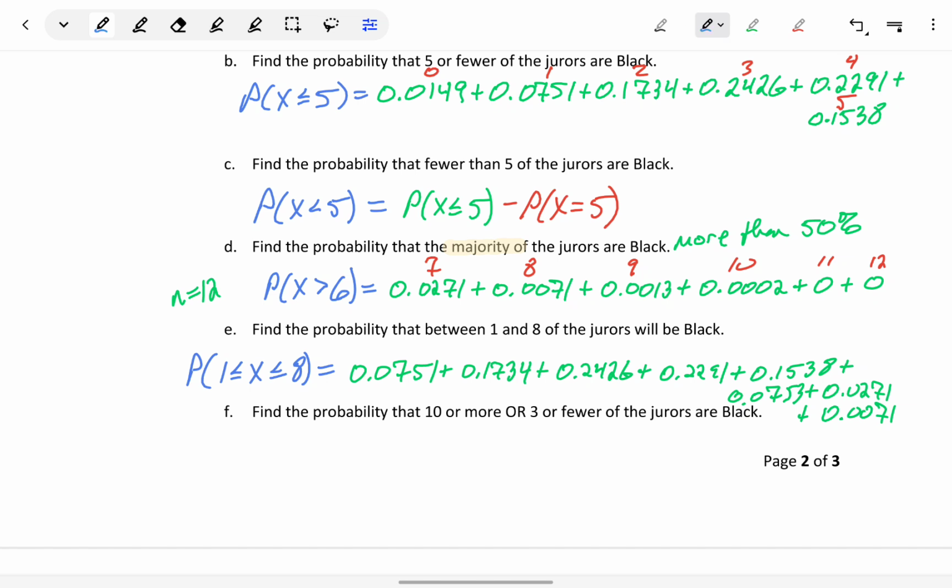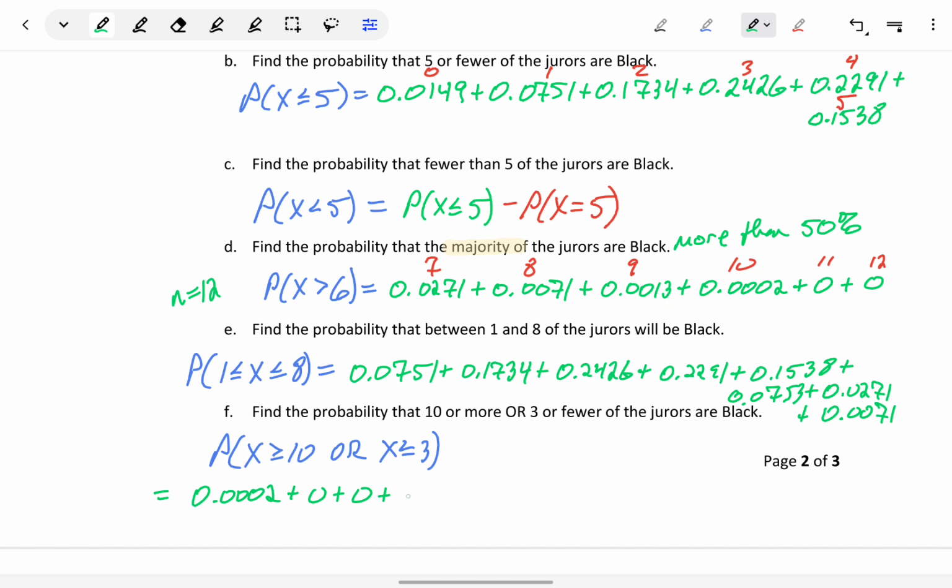Then we can find the probability that x is 10 or more, or 3 or fewer, which would be finding the probability that x is greater than or equal to 10, or x is less than or equal to 3. And we could find that by starting with the probability that x is exactly equal to 10, 0.0002, plus the probability that x is equal to 11 or 12, which are both approximately 0.